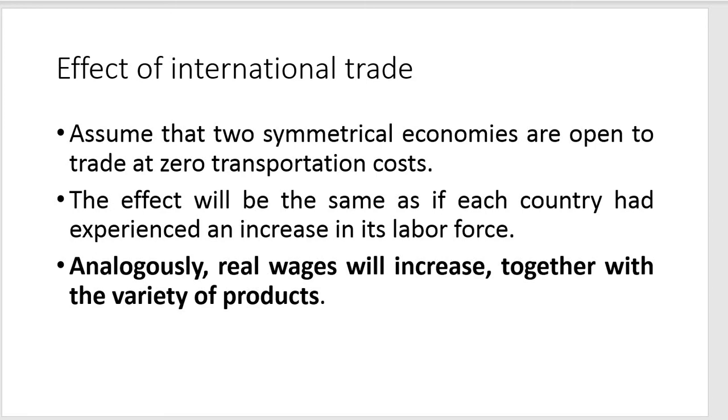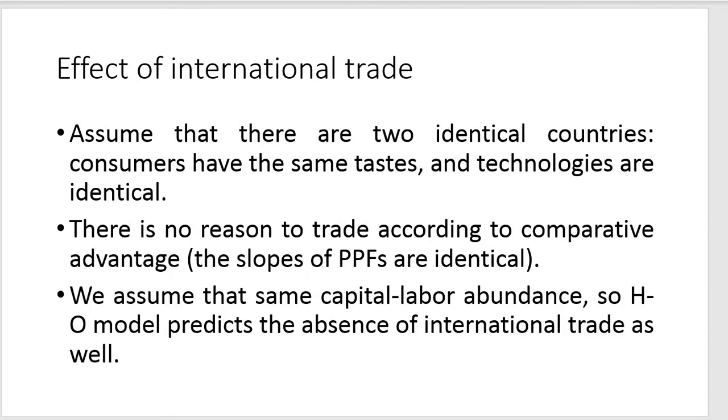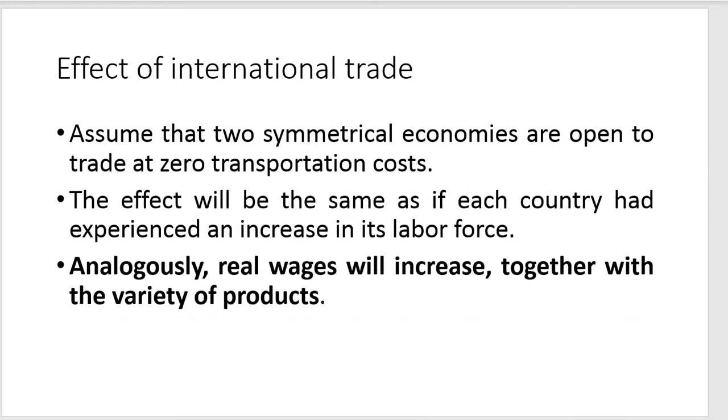So if we assume that there are two symmetrical economies, and again, symmetrical economies just means two economies with the same preferences and technologies, open to trade at zero transportation cost, the effect of this will be identical to the effect of an increase in the size of the labor force in two countries simultaneously.